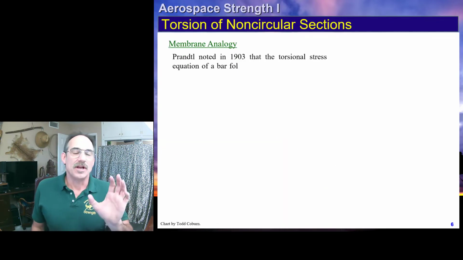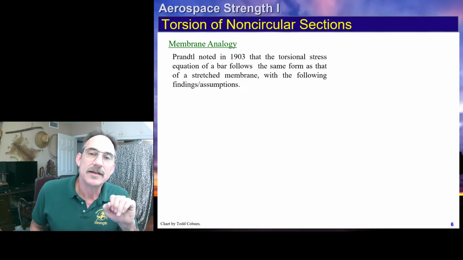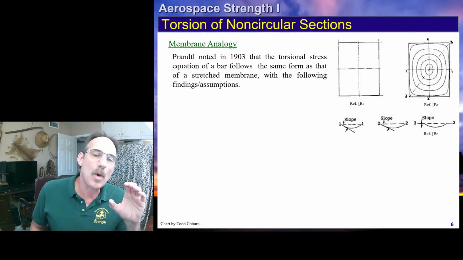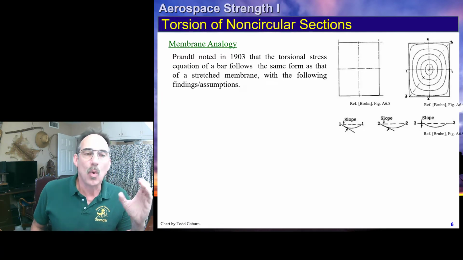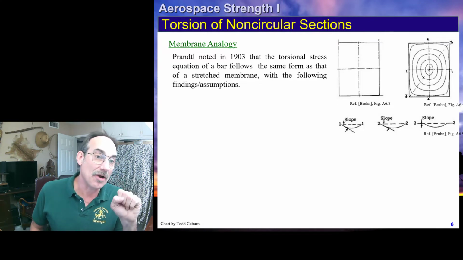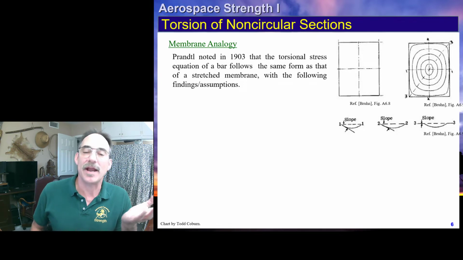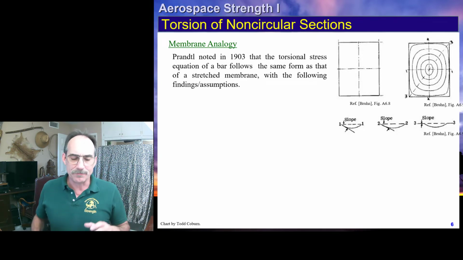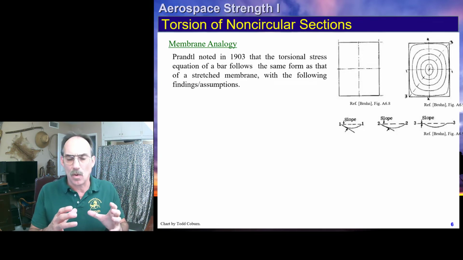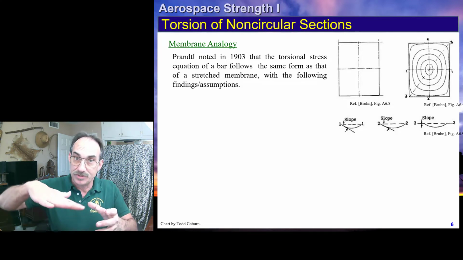Now, some years ago, back in 1903-ish, Prandtl noticed that the equations for the torsional stresses in a non-round section are similar to the equations for a membrane experiencing load. If you imagine a balloon that you blow up and how that balloon billows.